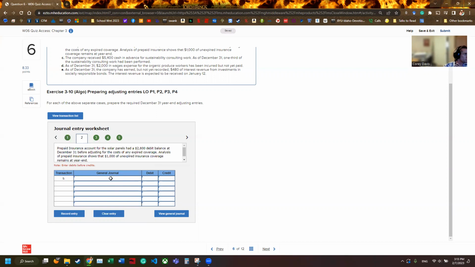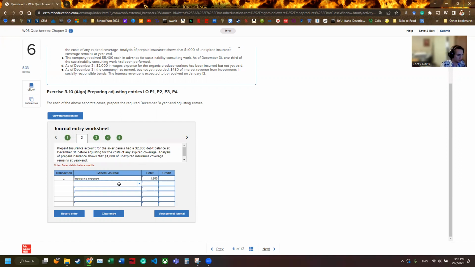For problem 2 here, we have a prepaid insurance account for the solar panels, and it had a 2,800 debit balance at December 31st before adjusting the cost of any expired coverages. Analysis of prepaid insurance shows that 1,000 of unexpired insurance coverage remains at year end. And so for that, we're gonna do the insurance expense, and we're gonna debit that for 1,800.